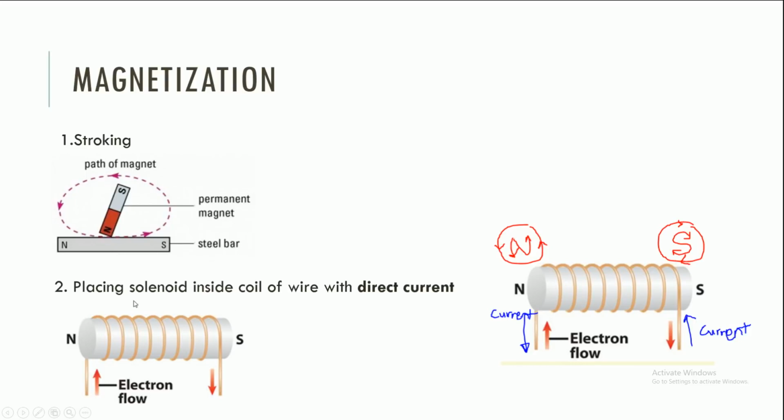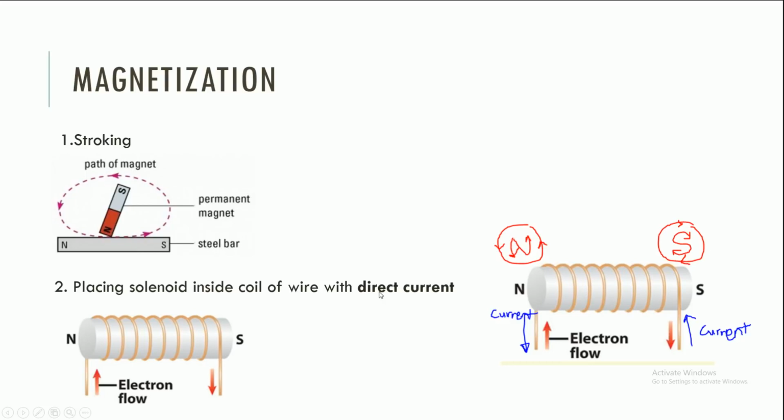But as I was saying before, electricity-wise, you can also magnetize metal, or steel or iron or whatever, by placing a solenoid, which is basically metal inside a coil of wire like the setup here, with direct current. And direct current means that the current is always going in one direction. Alternating current is when the current is constantly changing directions.